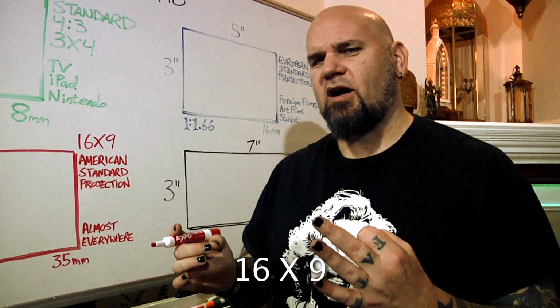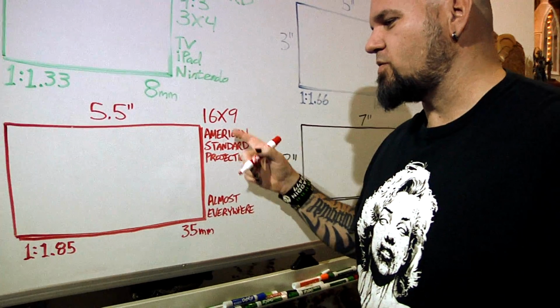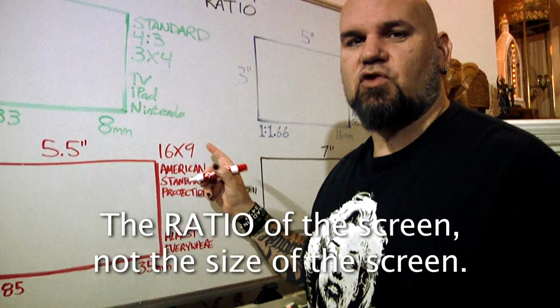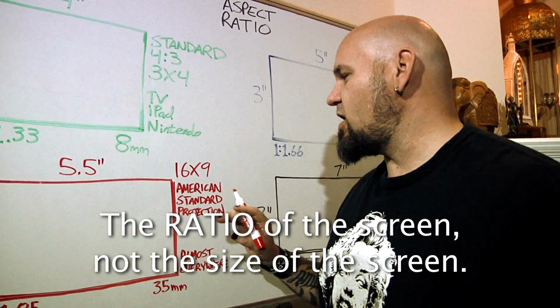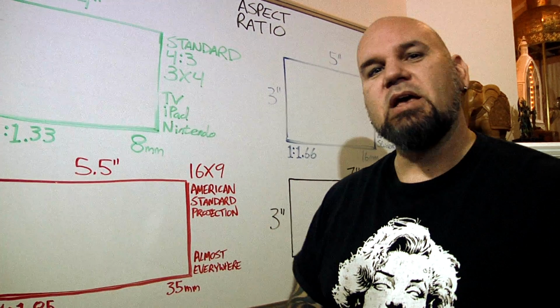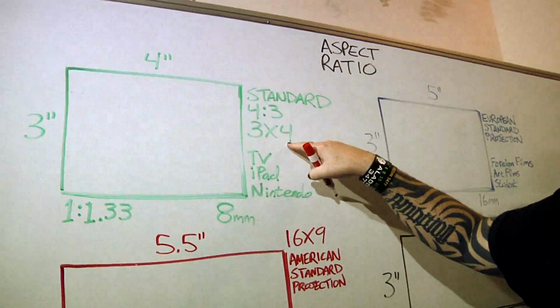It might be a hair off, actually, if you figure out the math, but it's super, super close. This is the size of the flat screen TV that they will sell you. So a lot of computers are 16:9 is what they'll call it. This right here, they'll call 3:4.